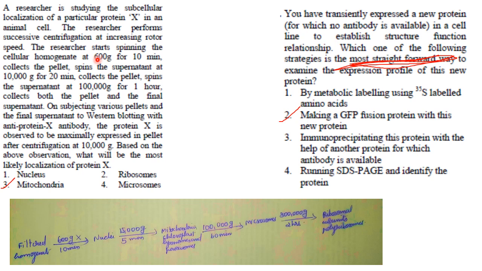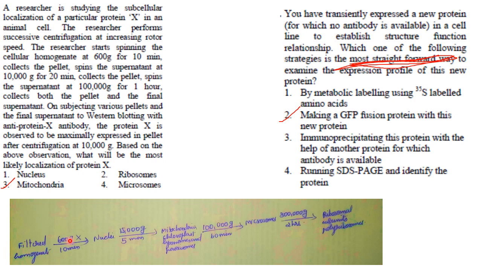First he will grind the cell and make a homogeneous preparation called the cellular homogenate, and spin at 600 G for 10 minutes, collect the pellet, then take the supernatant and spin it at 10,000 G for 20 minutes. Again he will collect the pellet, spin the supernatant at 100,000 G for 1 hour, and collect both pellet and final supernatant. That is the process I have written over here.